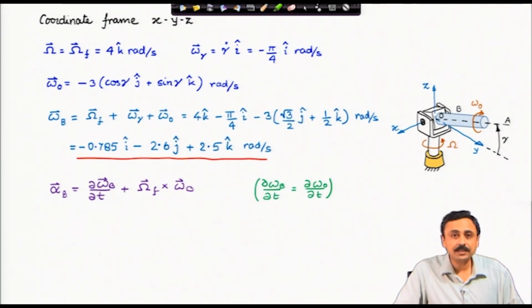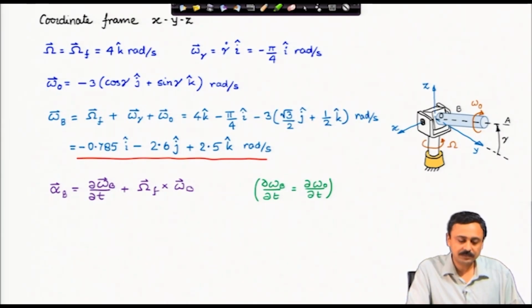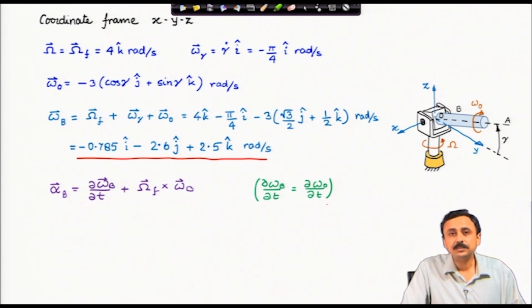Now, angular acceleration of the body is nothing but the time derivative according to our prescription. It is del by del t of omega body plus omega f cross omega body, and del omega body by del t is del omega naught by del t.